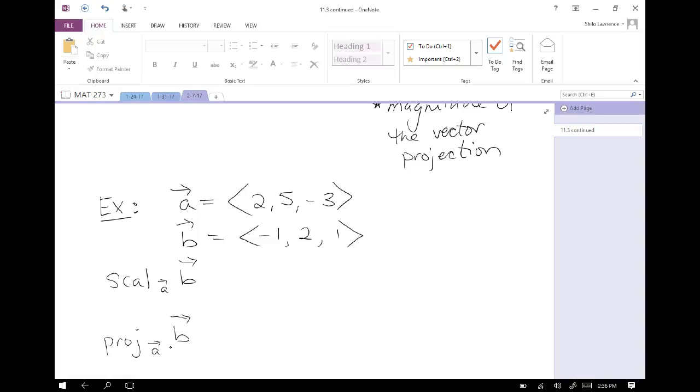But only one of them goes in the denominator. So this is what we are going on to, which means we want our answer to be in that direction, which means that vector is going to be the one that we're doing a scalar multiple of. Okay? So for vector projection, I'm ultimately going to be doing some scalar of vector A.